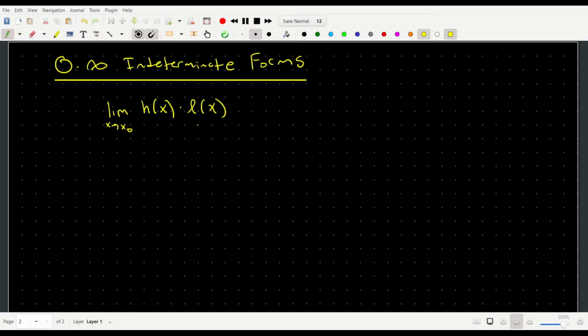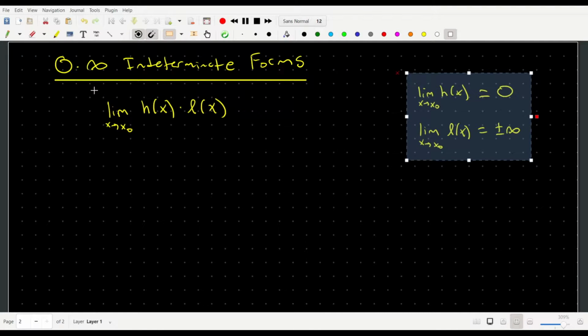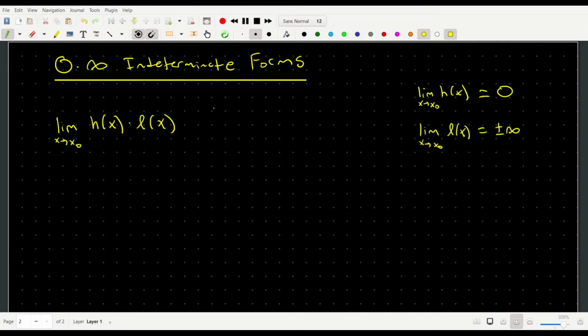This is a product, and if the limit of h of x as x goes to x naught is 0, and if the limit as x goes to x naught of L of x is equal to positive or negative infinity, what we say is that this limit yields a 0 times infinity indeterminate form.